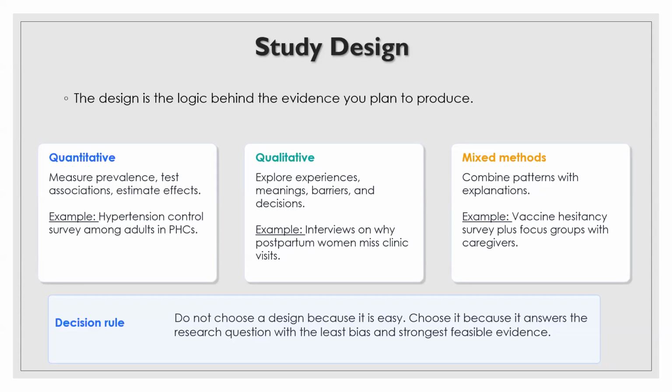Now, if, for example, you are looking at a study where you want to measure postpartum women missing clinic visits, you can answer that quantitatively, but you may not be able to get much about their experience, their deep experience, why they truly miss clinic.